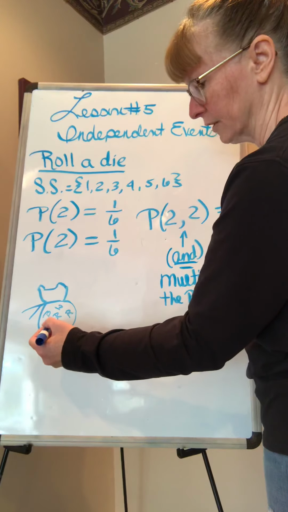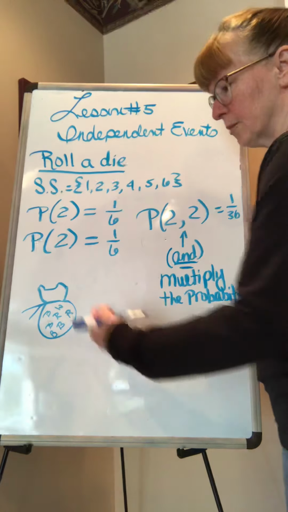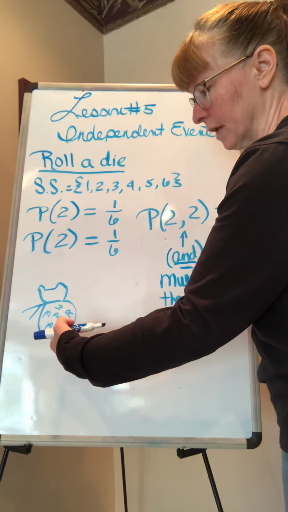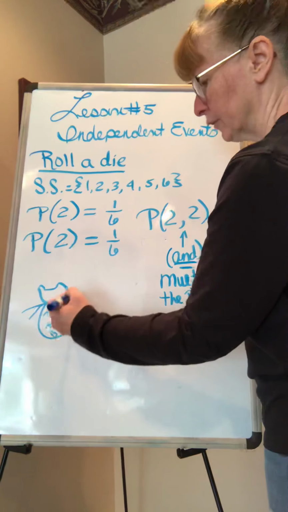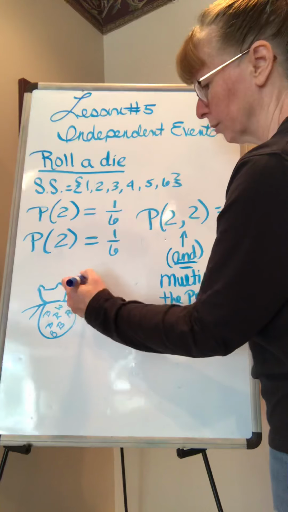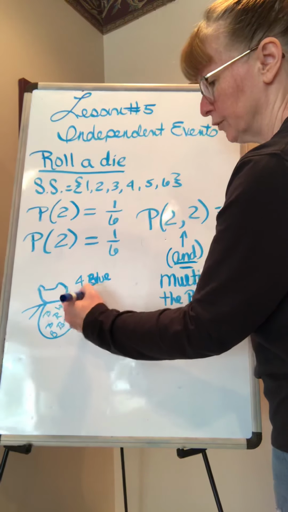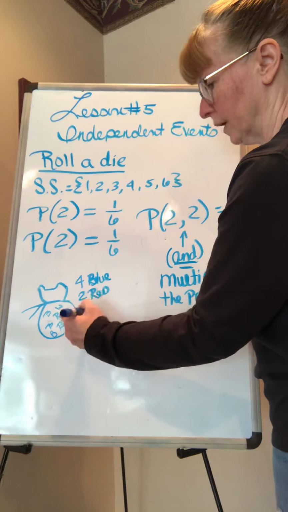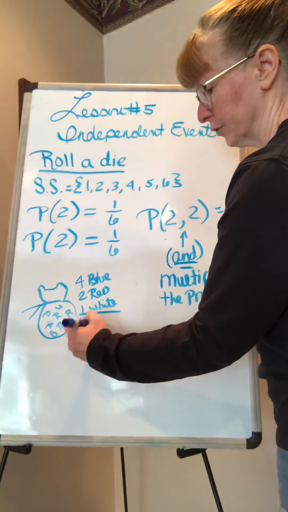Let's put another blue. So the sample space of my bag is listed out. There are 4 blue, 2 red, 1 white. 7 marbles.